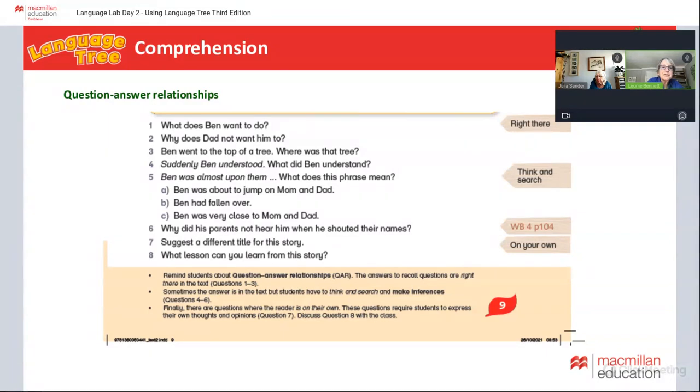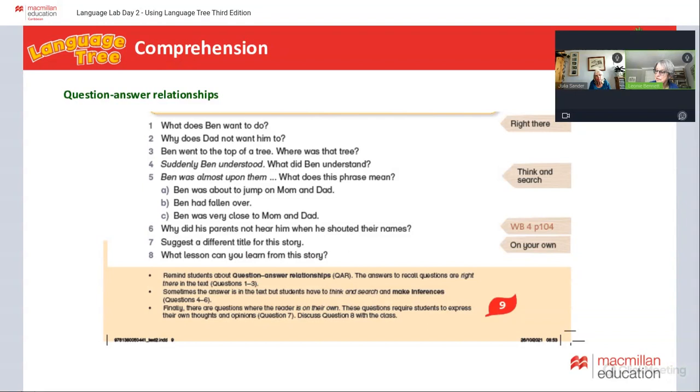As you see from the signposts on this page on the right, we suggest using the technique of QAR, question-answer relationships, which encourages and helps students identify what they're doing in their critical thinking. It's pointing out that the answer to a straight recall question at the top is right here, so it's explicitly stated in the text.